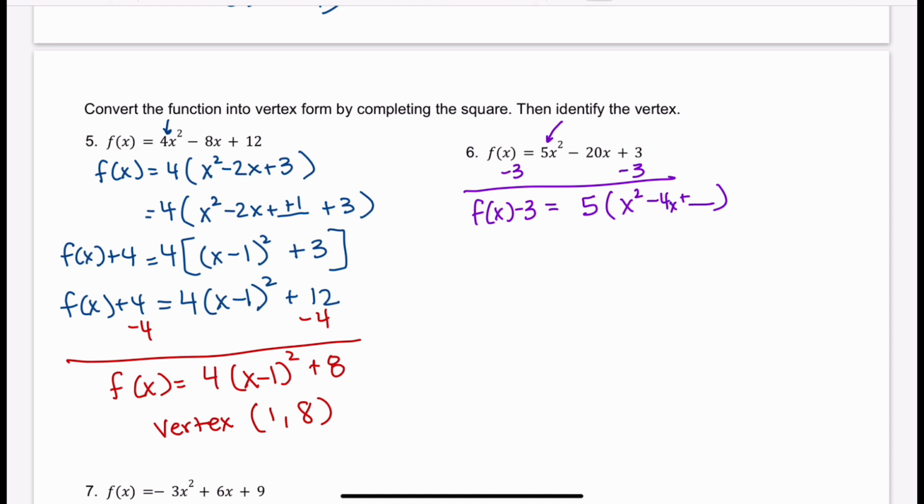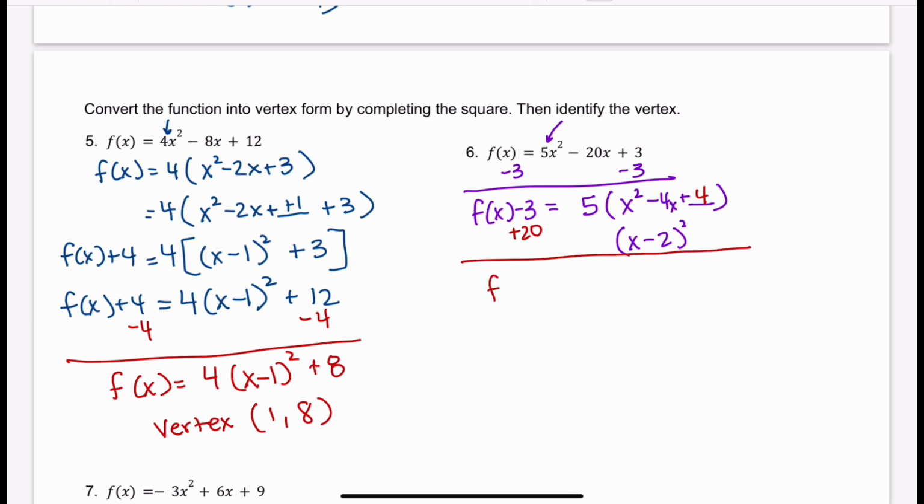So first I cut the negative 4 in half. And then if I have a negative 2 times a negative 2, that gives me a positive 4 here. So I'm adding 4 on the right, but I'm really adding 20. 5 times 4 is 20. So I'm adding 20 to this side. So I also need to add 20 to the left side as well.